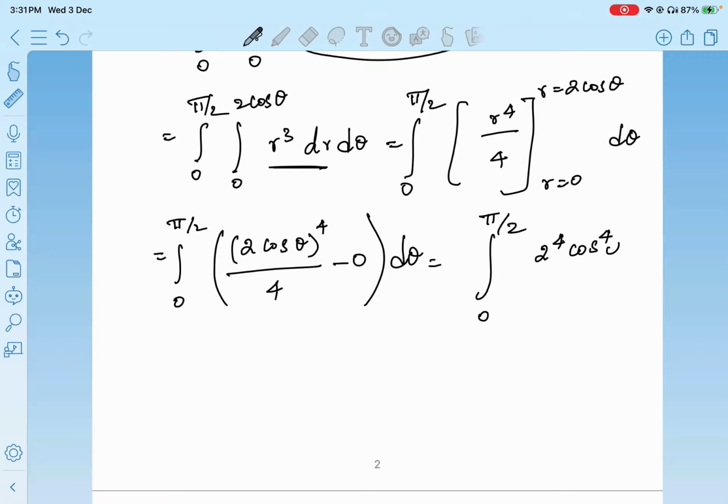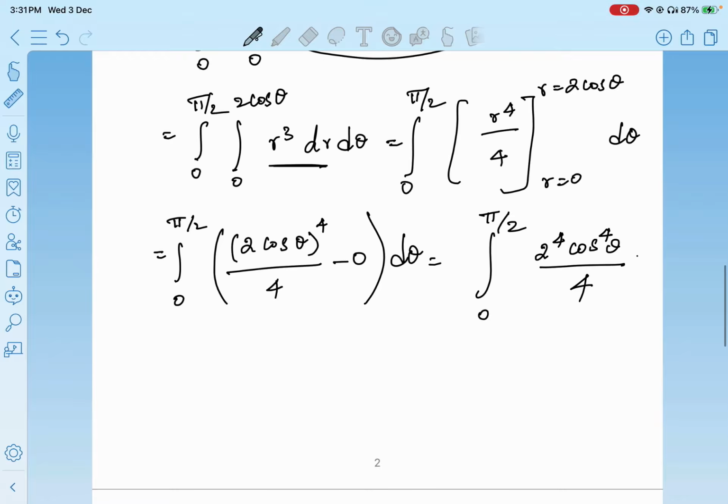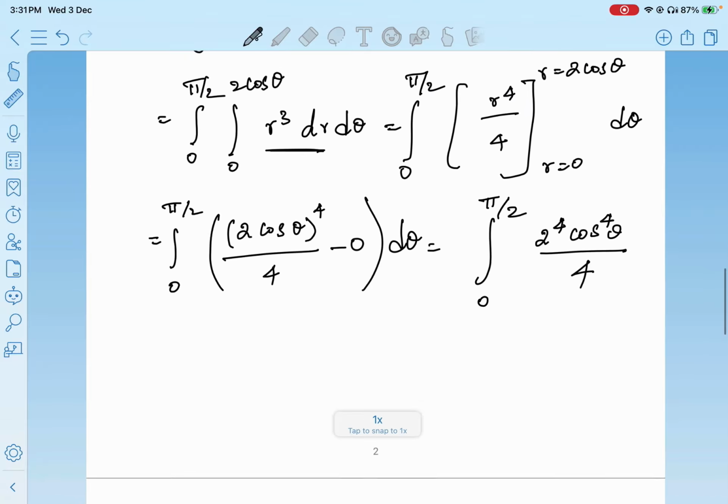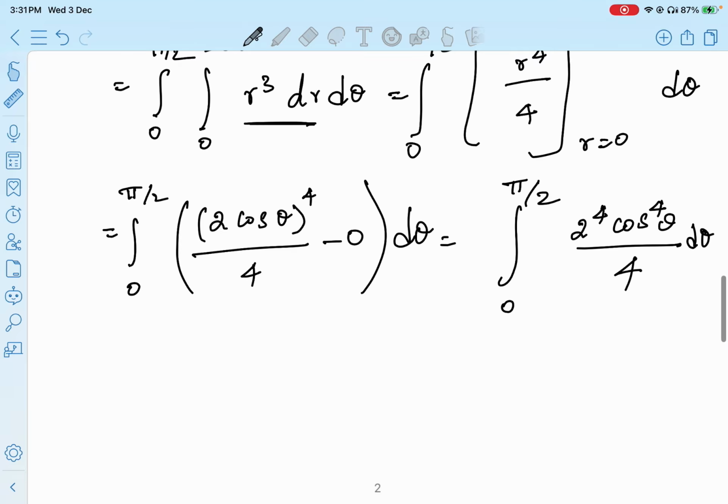We can write it as 2 power 4 cos power 4 theta by 4, into d theta.